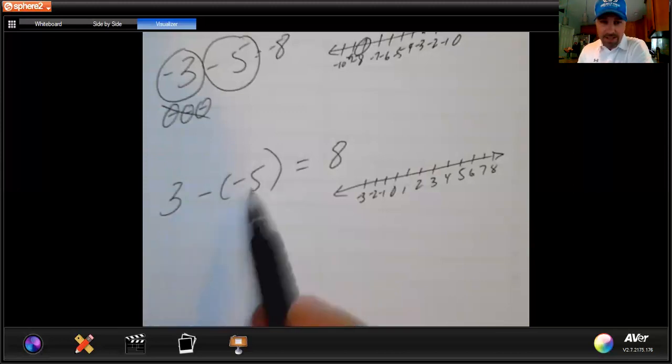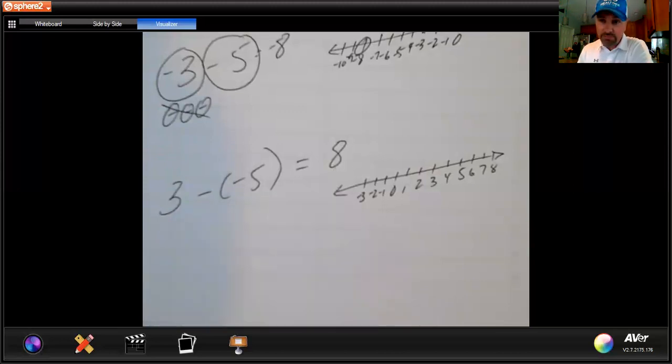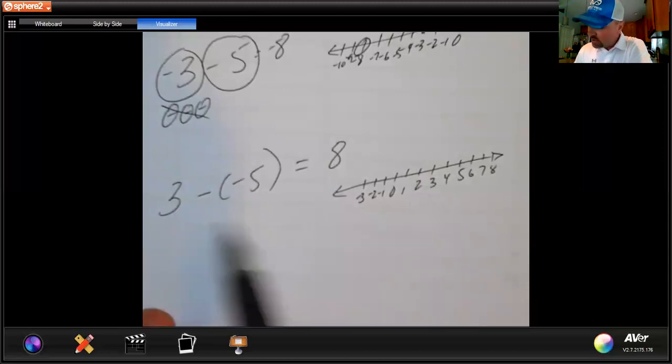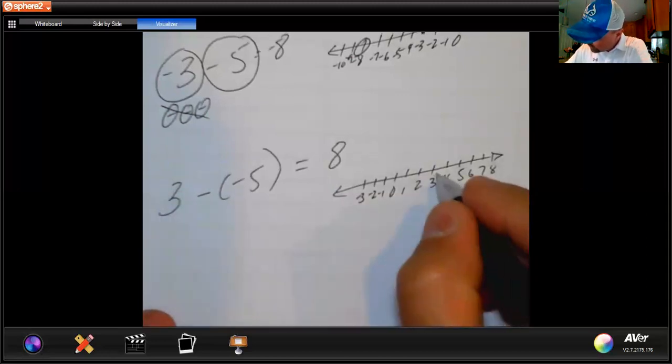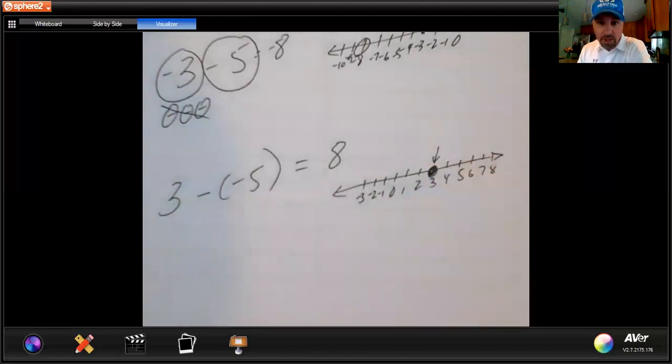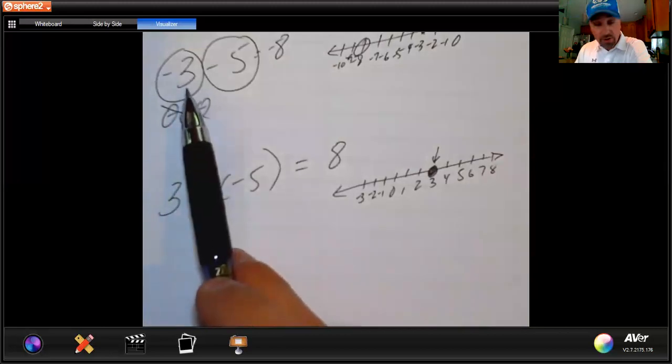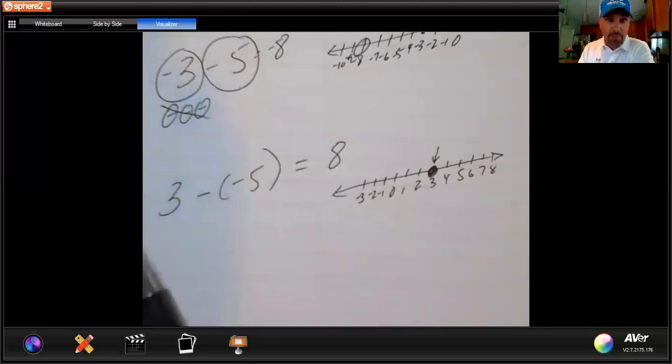So 3 minus -5, I told you the answer is 8, but we're trying to figure out why. Chips aren't going to work. We're looking at the number line, okay? Start at the 3. Here's the 3. Okay, so I'm starting there. Now, on the number line in the last one, we started at the -3 and we dropped 5. We went back 5.